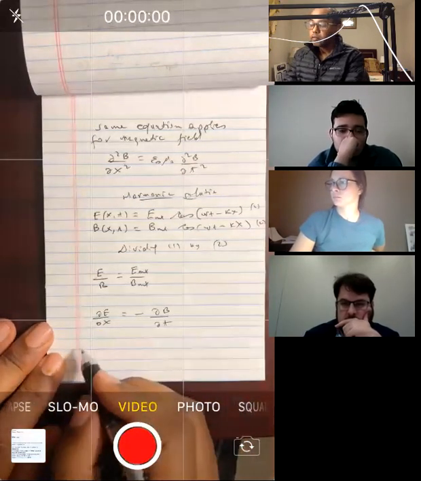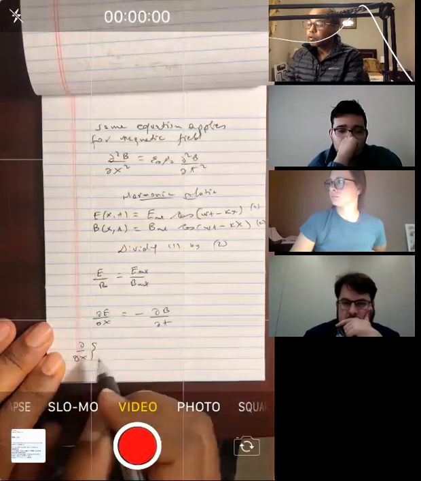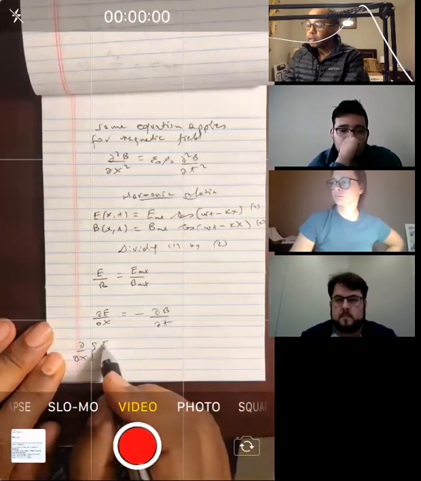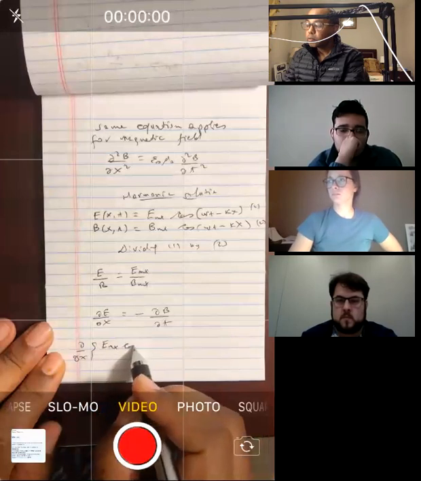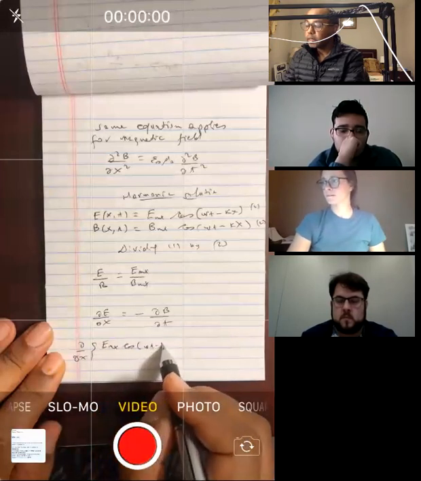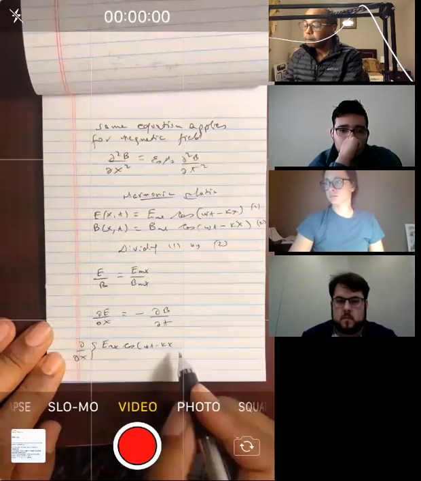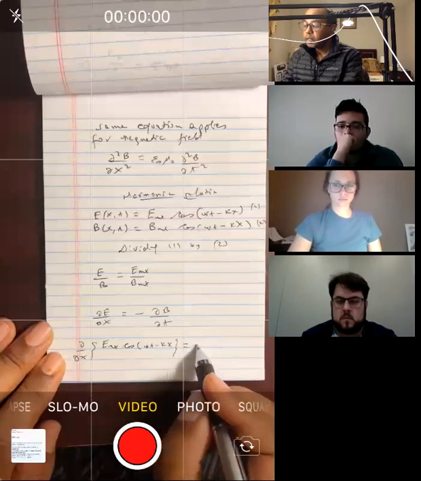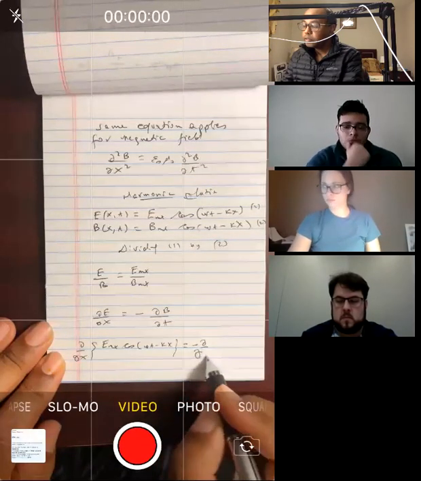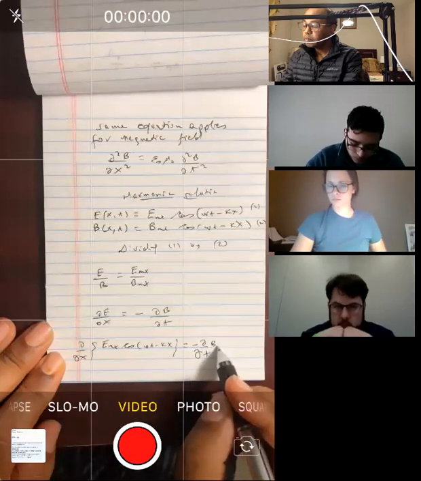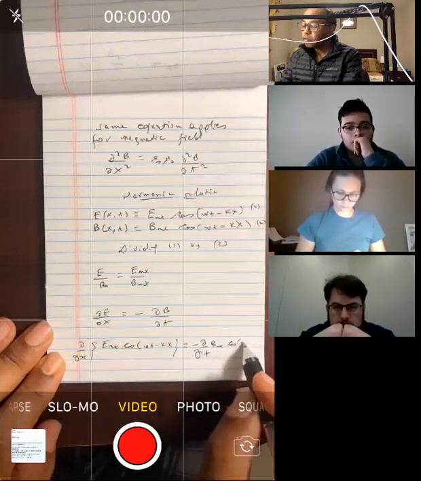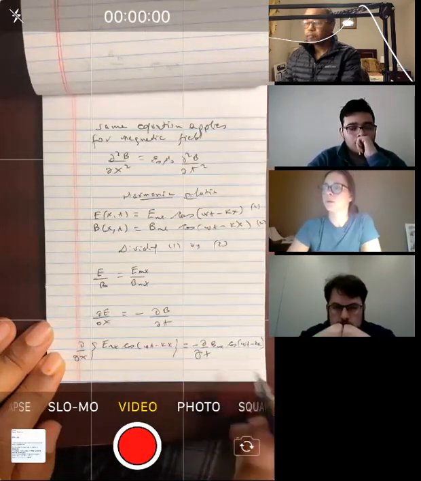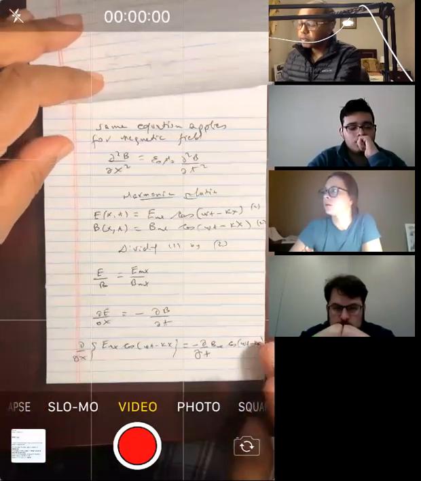The derivative of E max cosine of omega t minus kx equals the negative of the time derivative of B max cosine of omega t minus kx. So let's simplify this.